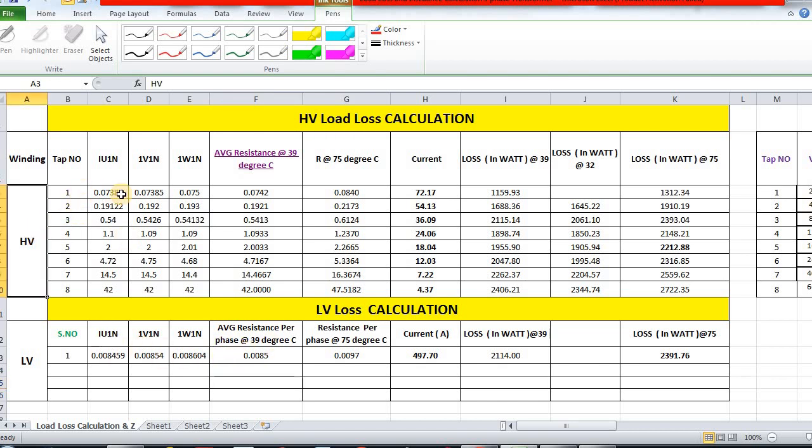For the HV winding, this is tap 1 to tap 8, and this is the phase to neutral resistance of R phase, Y phase and B phase, and their average resistance.